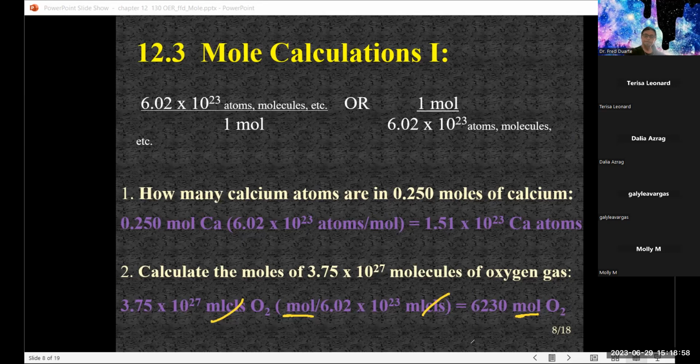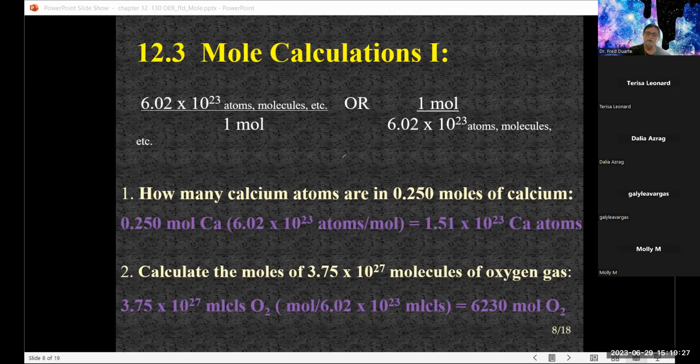All right. Now this is calculations using Avogadro's number, and Avogadro's number is nothing more than a ratio, just like the atomic weight units are a ratio. Avogadro's number is 6.02 times 10 to the 23rd atoms per mole, like written on the left, which I can take, invert, and now I have the one on the right.